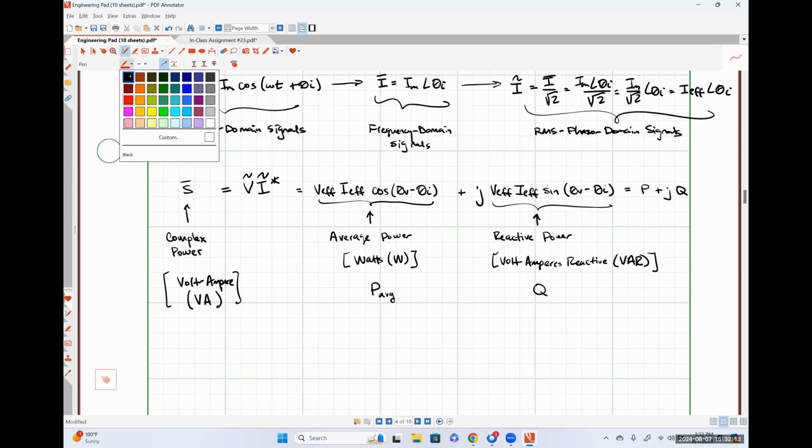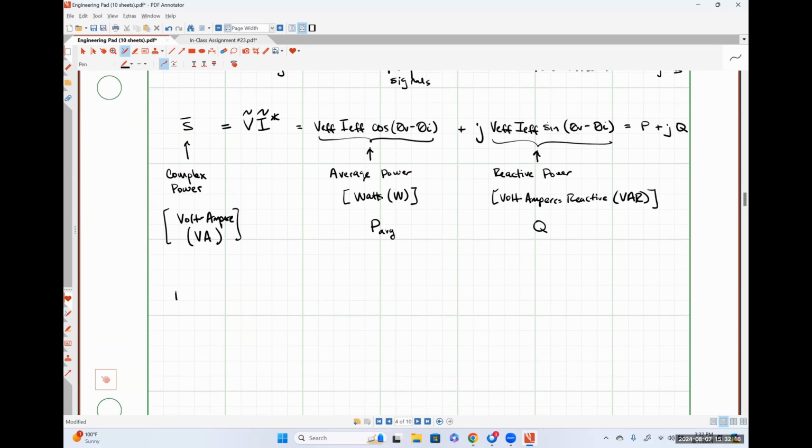Let's say, we'll do a quick example here. We have an RMS phasor voltage across an element of interest of 12 angle 15 degrees volts RMS, and an RMS phasor current of 2 angle 35 degrees amps RMS.